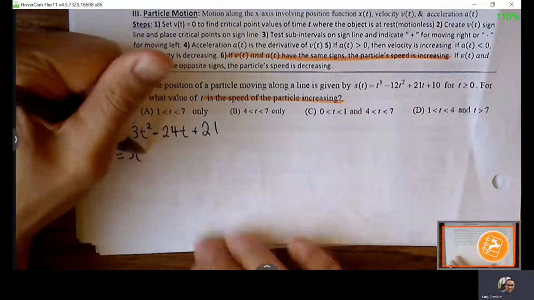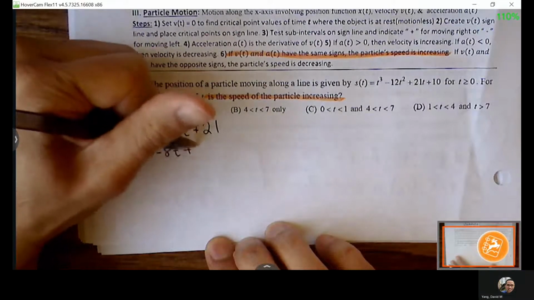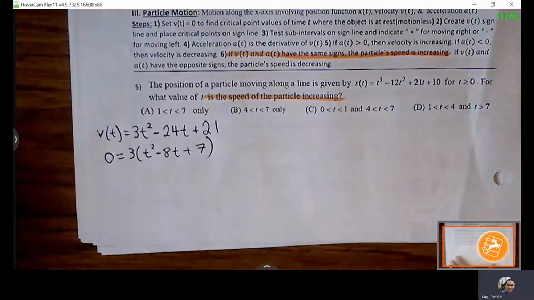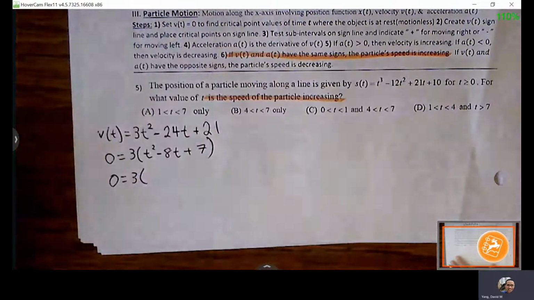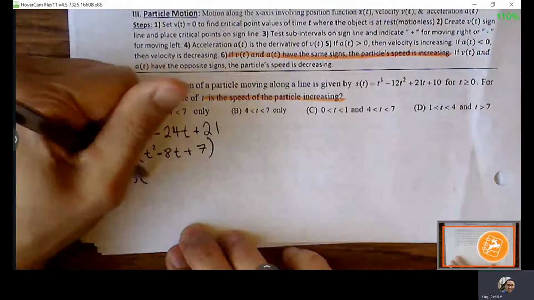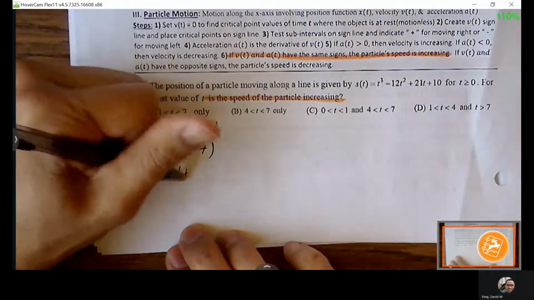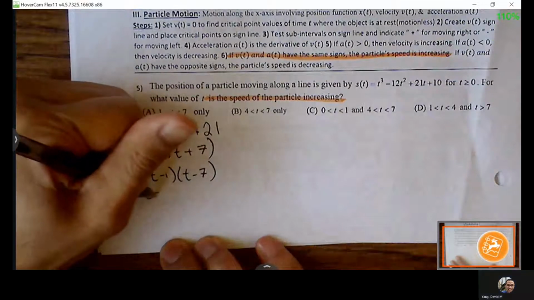Factor out a 3. Multiply to be 7, adds up to be -8. And solve for t.